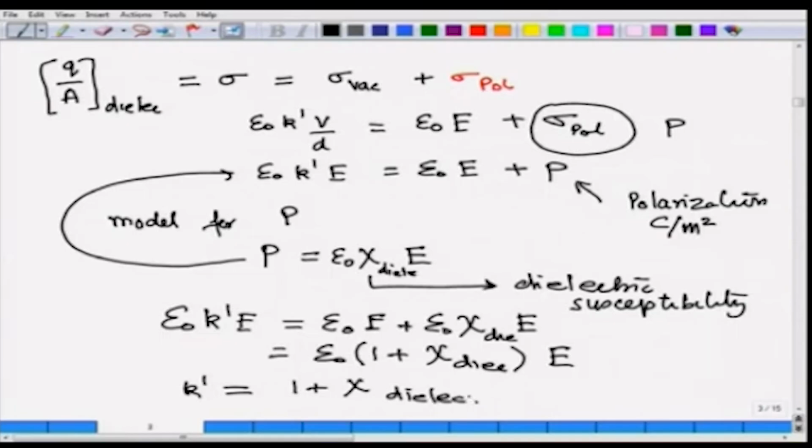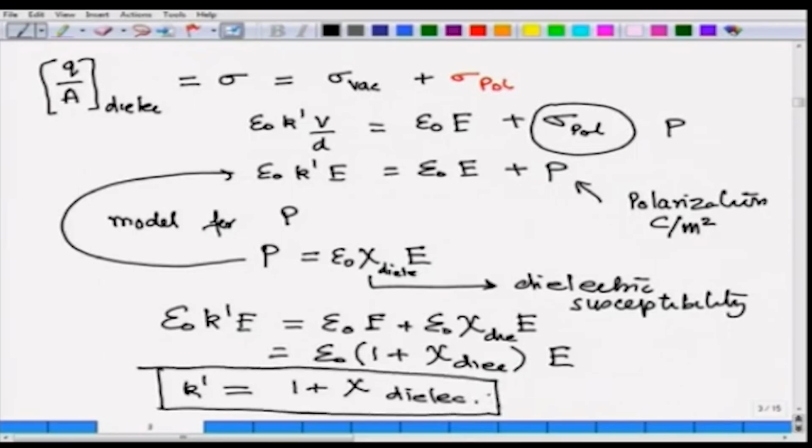So, that is what this quantity is, the dielectric constant of a material. All right. So, this is something you had known very well.